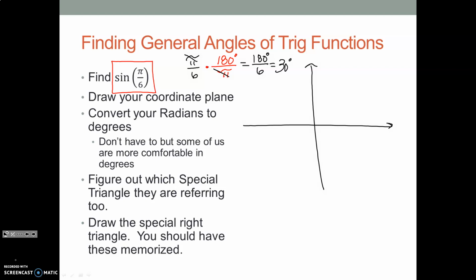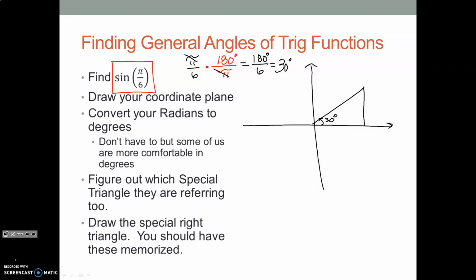Remember our triangles that I said in that last video were important? Now we have a 30, 60, 90 triangle, because our theta is 30 degrees. So I draw my angle of rotation, and I've got a 30-degree angle there.